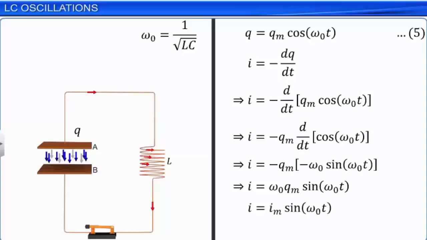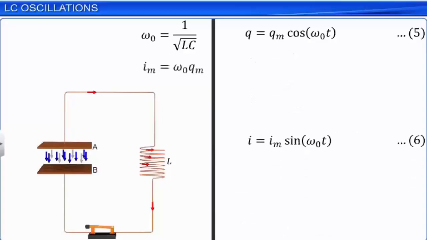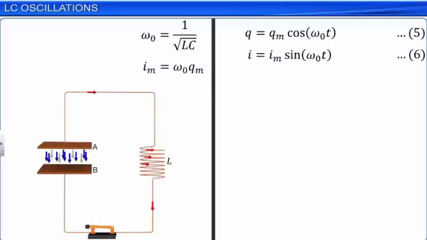Now let us analyze the LC oscillations from an energy point of view. At any instance, the energy stored in the capacitor U is equal to Q square by 2C, and the energy stored in the inductor U dash is equal to half L i square.